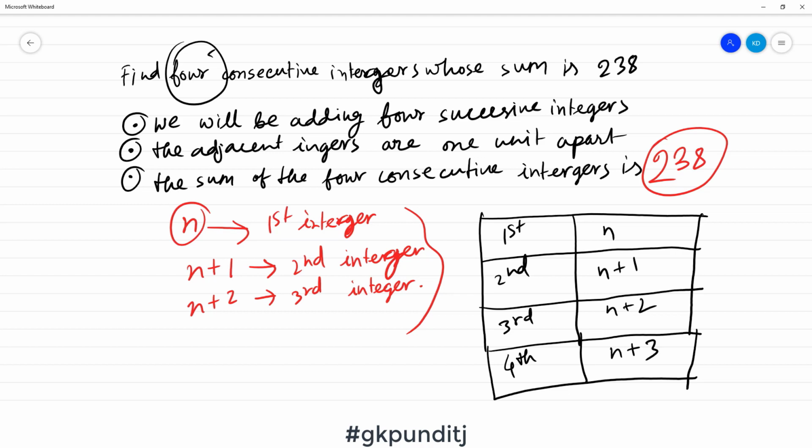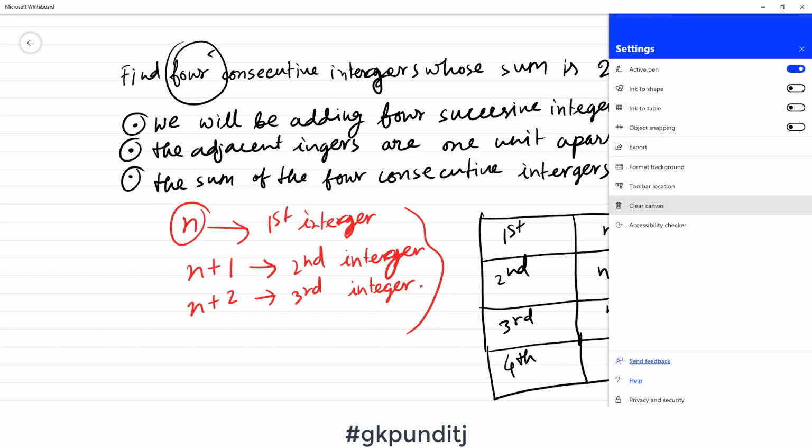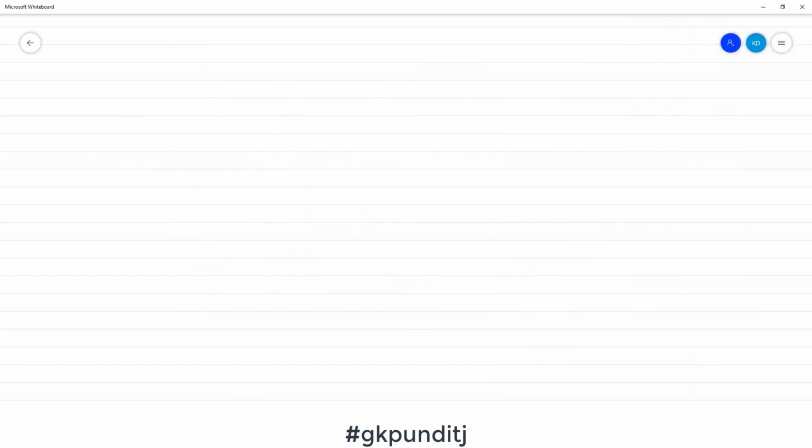So clear this canvas here, and n plus n plus 1 plus n plus 2 plus n plus 3 is equal to 238. Now solve this problem.